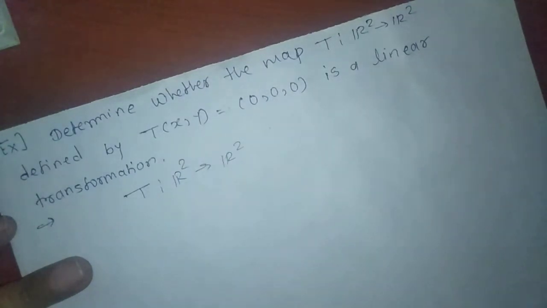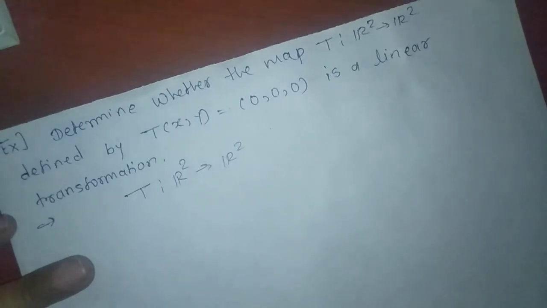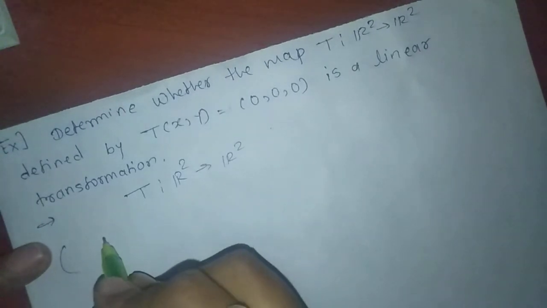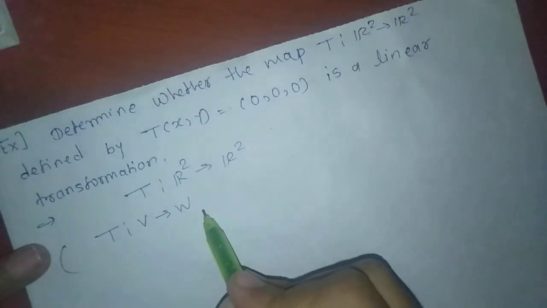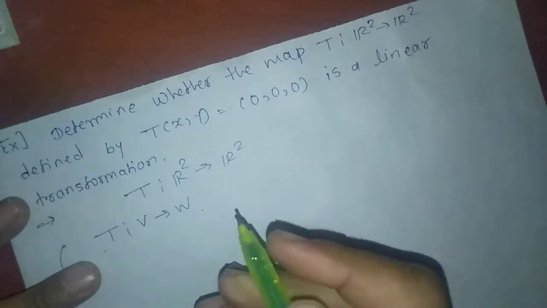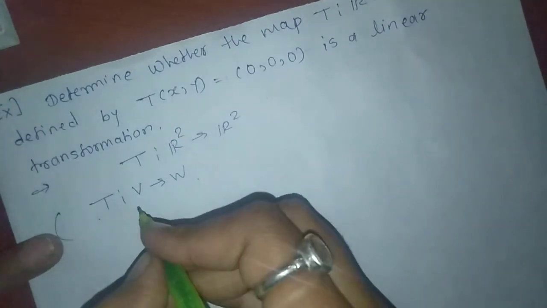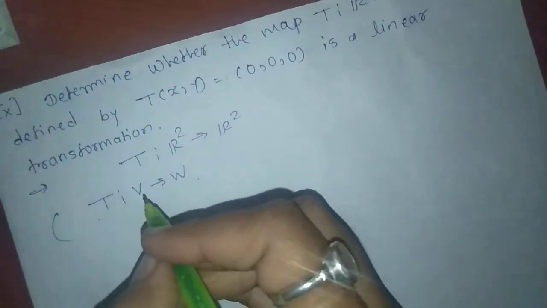First, recall our definition of linear transformation. If T mapping V to W, where V and W are vector spaces, T is a linear transformation if T satisfies the following two properties.